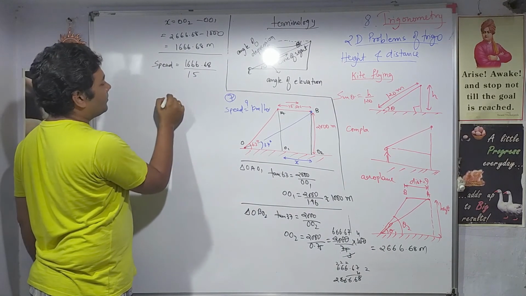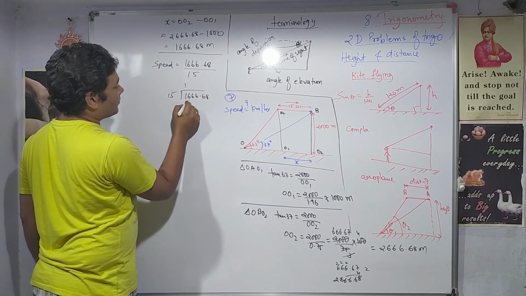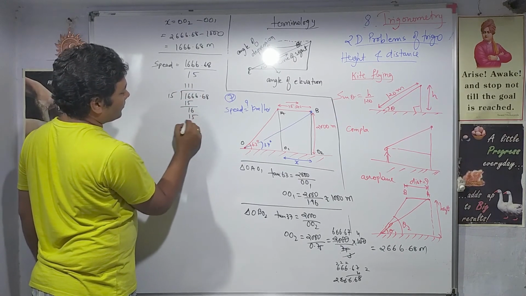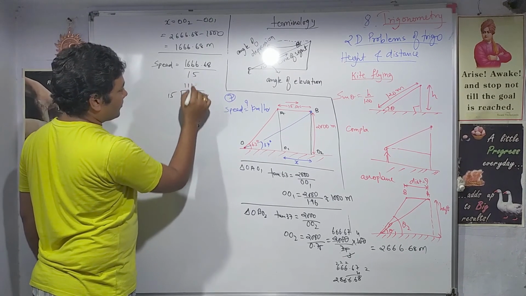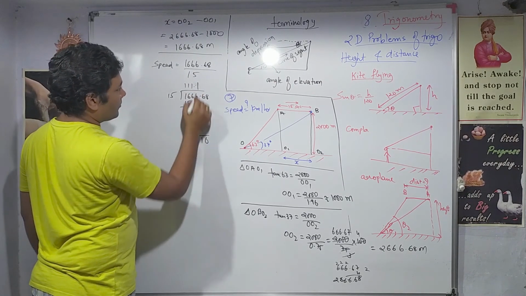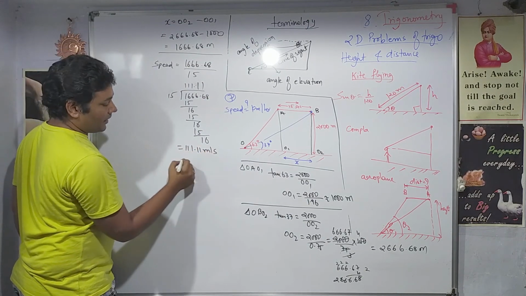If we divide, it is giving 111.11 meters per second.